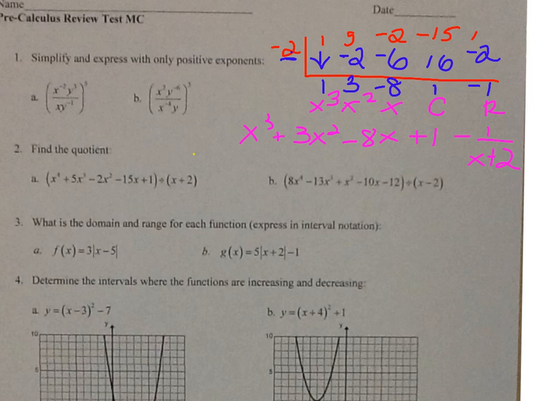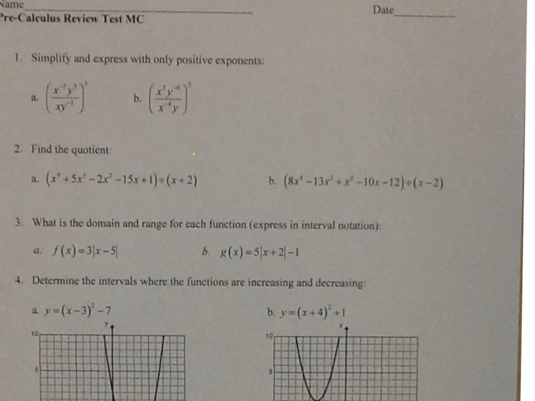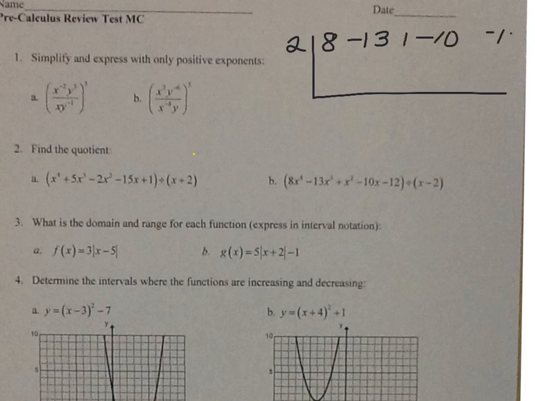Okay, so let's take a look at B. So I'm dividing here by x minus 2, so I'm going to put a positive 2 on the outside of my bar. Put all my coefficients, so we have 8, negative 13, 1, negative 10, negative 12.